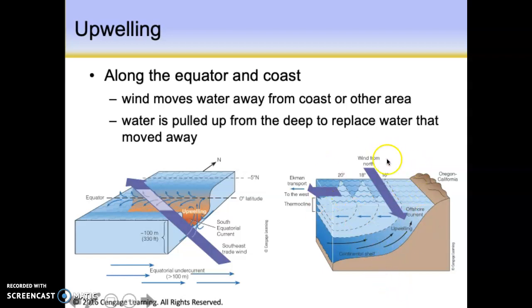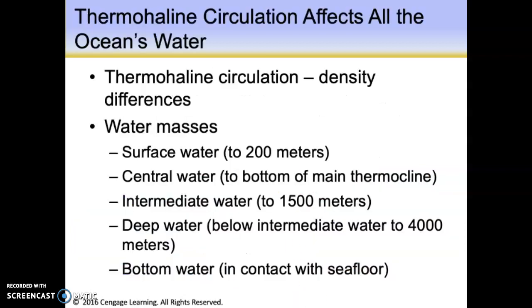But the thing to remember right now is that this upwelling is basically water pulled up to the surface to replace water that has been moved away by the wind. And when we put this all together, we get what we call a thermohaline circulation.